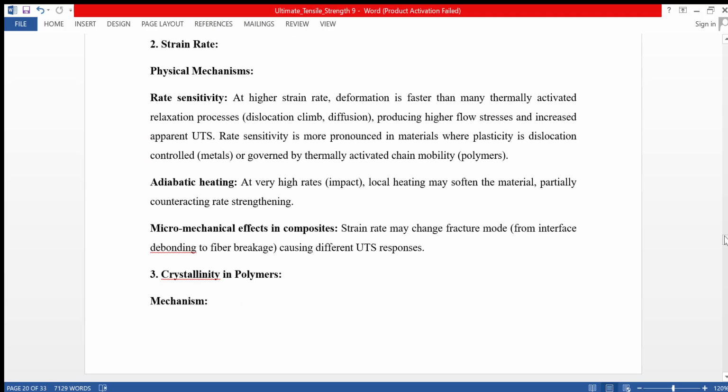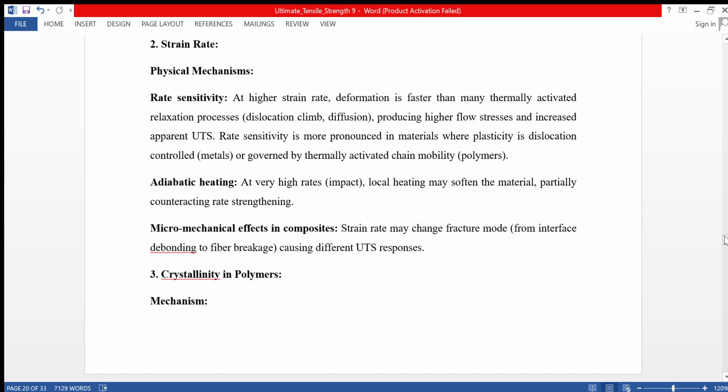Strain rate. Physical mechanism: rate sensitivity. At higher strain rate, deformation is faster than thermally activated relaxation processes, producing higher flow stresses and increased apparent UTS. Rate sensitivity is more pronounced in materials where plasticity is dislocation controlled or governed by thermally activated chain mobility.